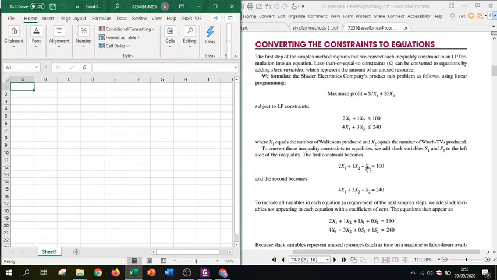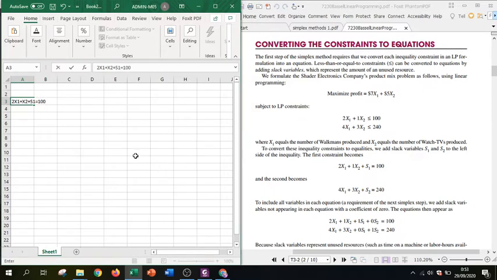Now the constraints we have: 2x1 plus x2, less than becomes plus s1 equals 100.